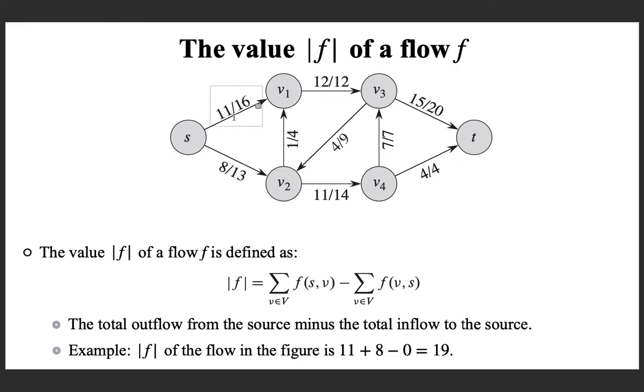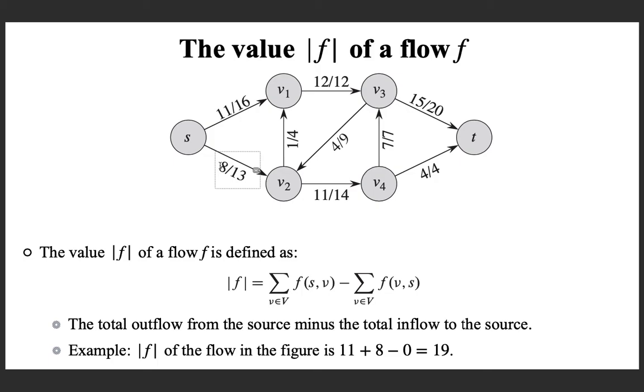In this case, 11 plus 8, 19 is the total outgoing flow and 0 is the total incoming flow, and the net is 19, which is what is called the value of a flow in a given flow network. It is the net amount of materials flowing out of the source vertex.